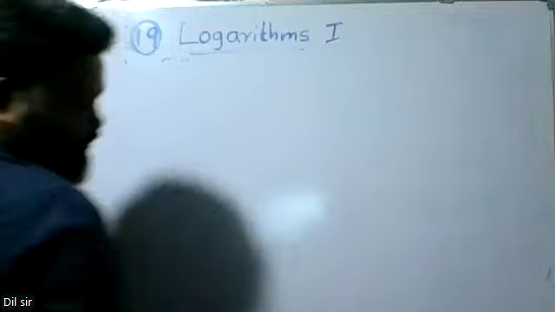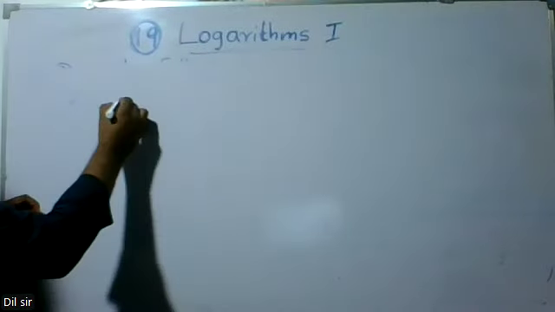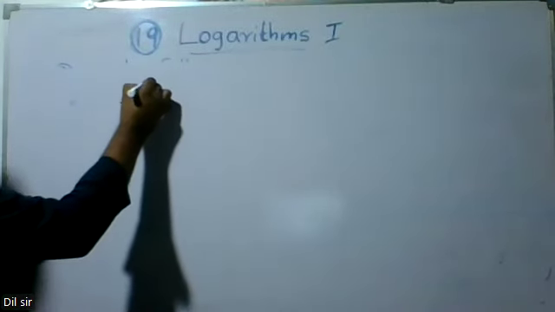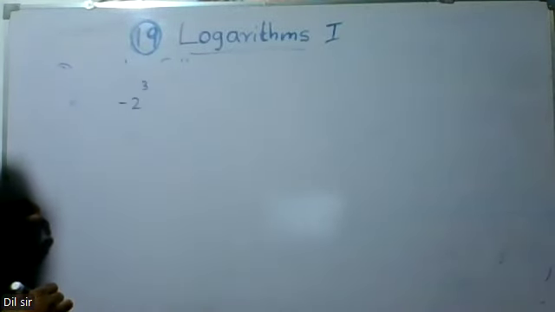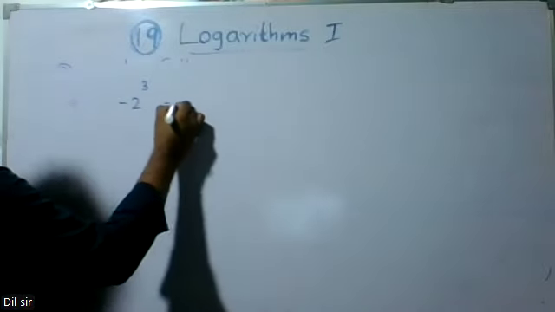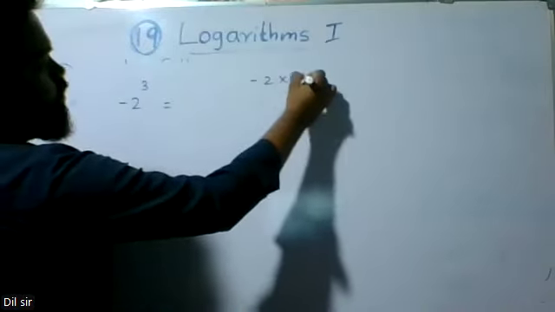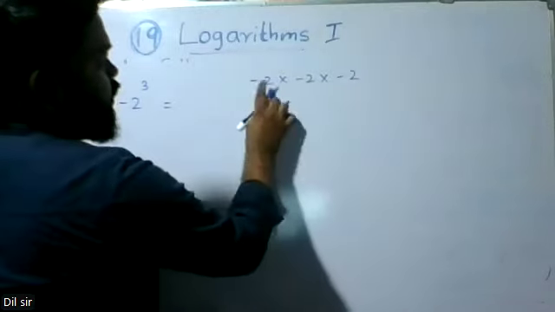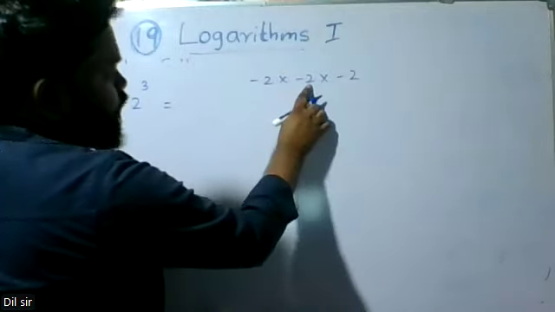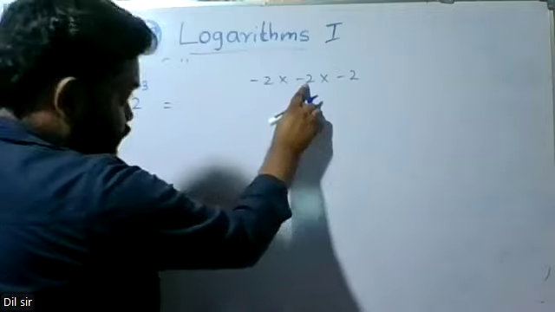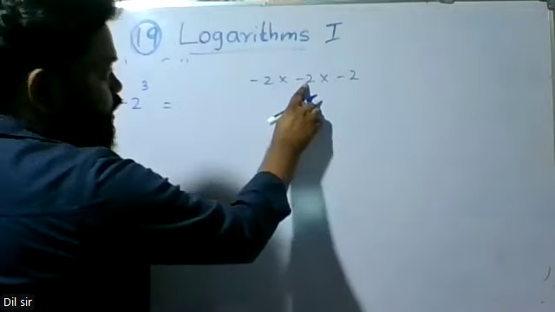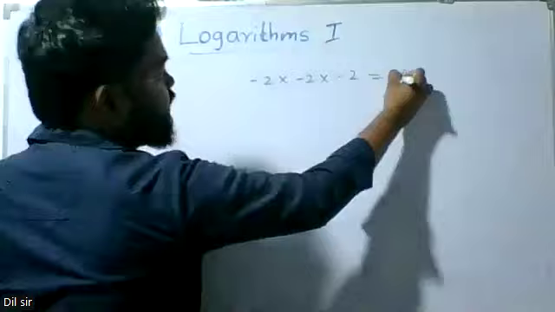Look at this. Minus 2 to the power 3: what is it? Minus 2 times minus 2 times minus 2. 2 times 2 is 4, minus 2 times minus 2 is plus 4, plus 4 times minus 2 is minus 8.